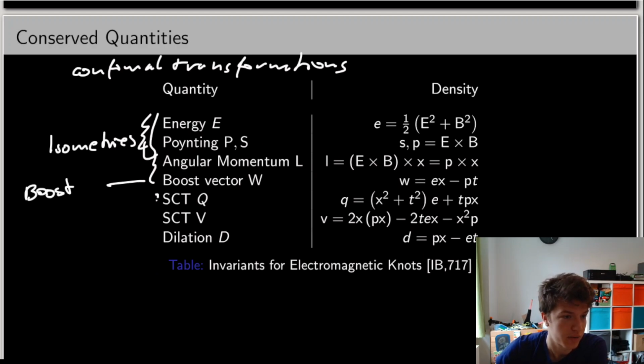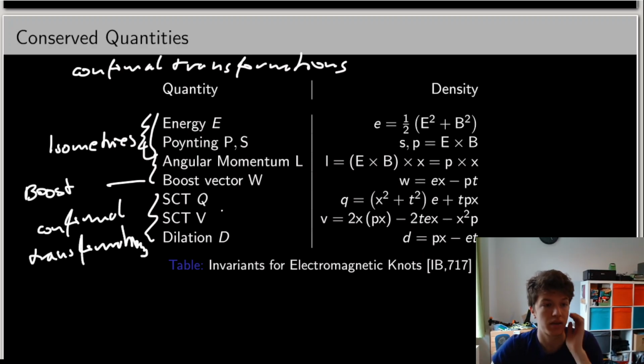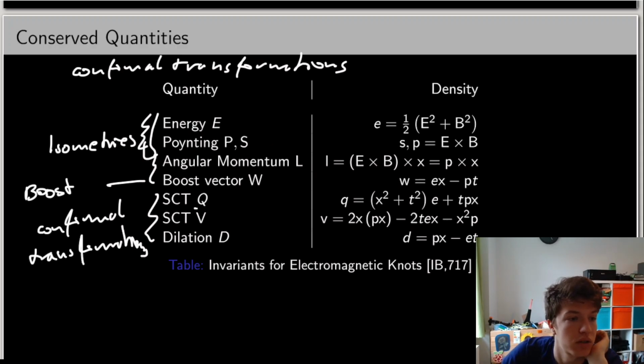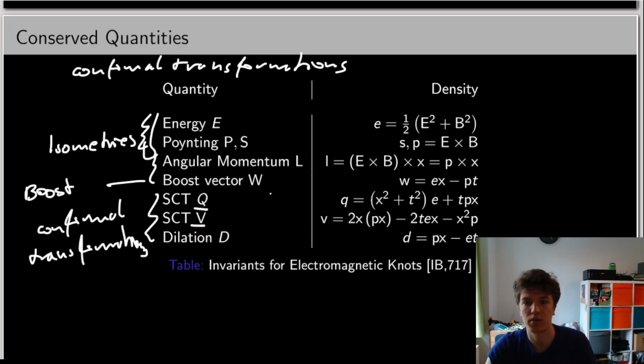And we also have conformal transformations, and those give special conserved quantities. Again, those are all calculated using Noether's theorem. And we can also write down the corresponding densities of those.